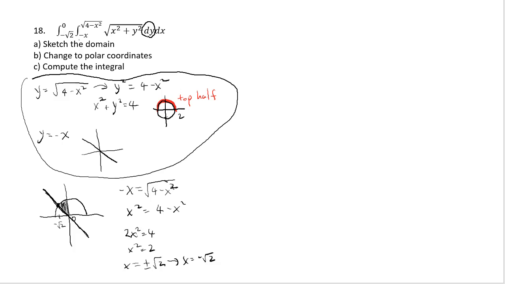So the answer to A is that it's this circle, 45 degrees. This is the region. It's a circle of radius 2, negative, actually, 3 pi over 4, 135 degrees from the positive x-axis.